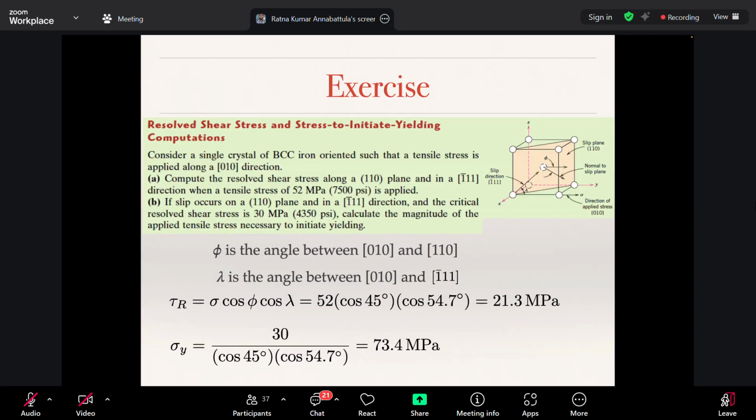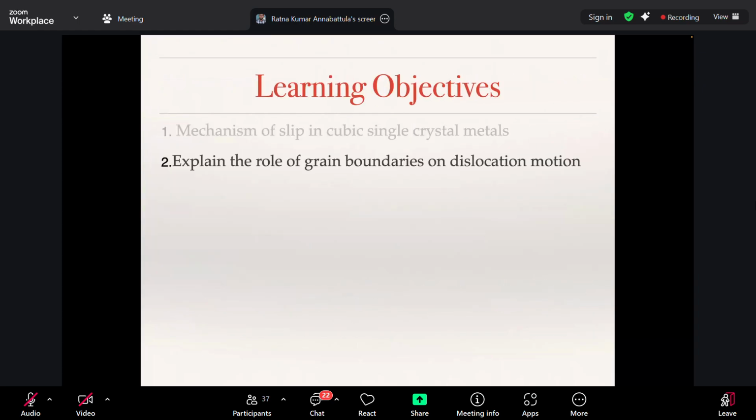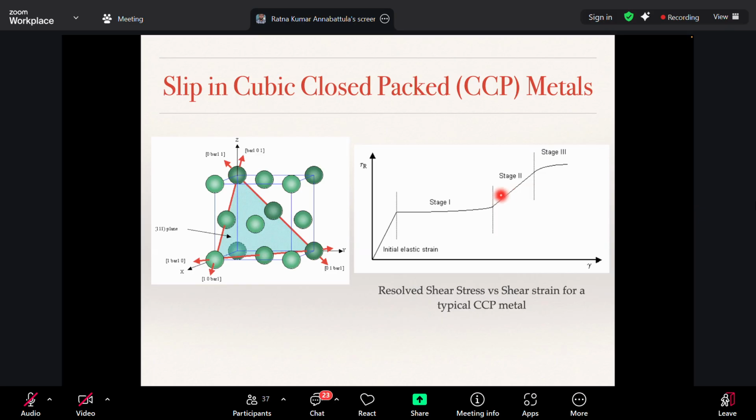Normally what happens is you will not, so if you look at the previous stage. It is a shear strain control experiment. Okay?